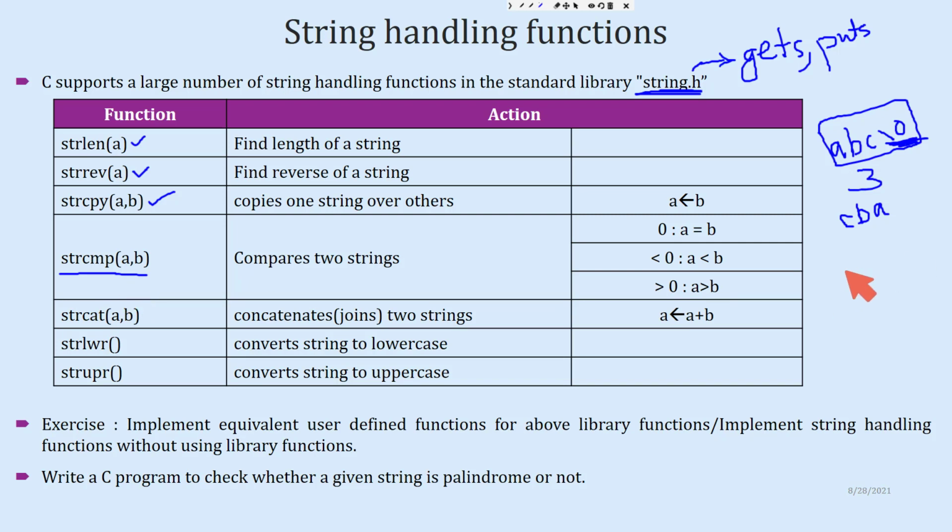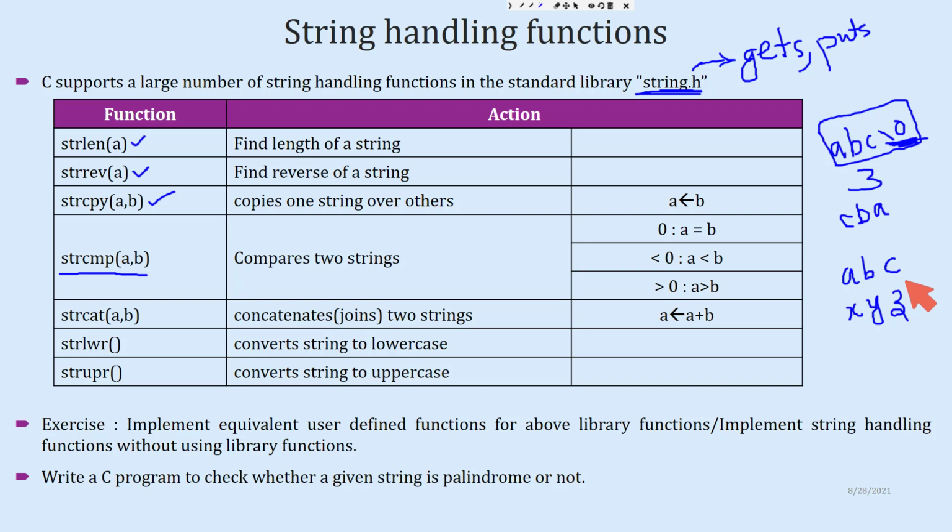So if I write something like ABC and another one like XYZ, which is the lesser string? The lesser string is the one that comes first when we arrange in alphabetic or lexicographic order.